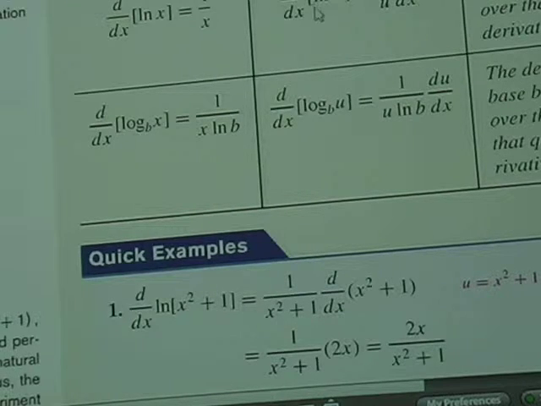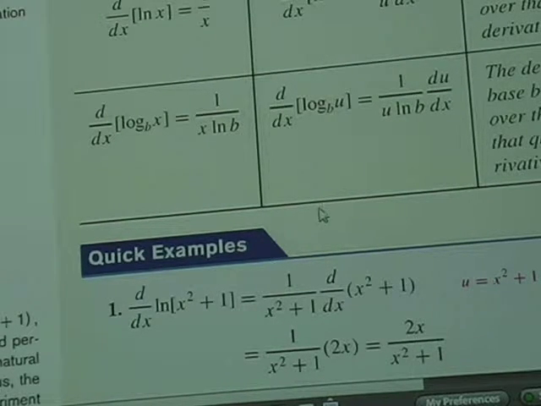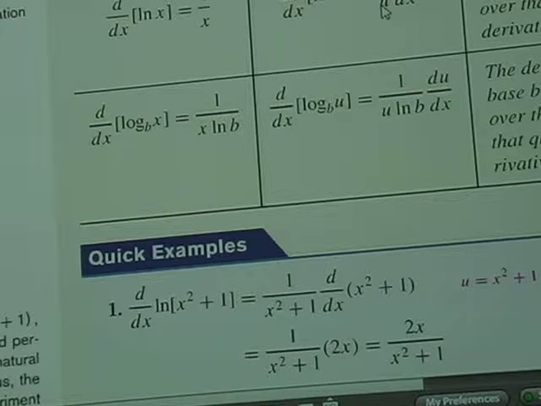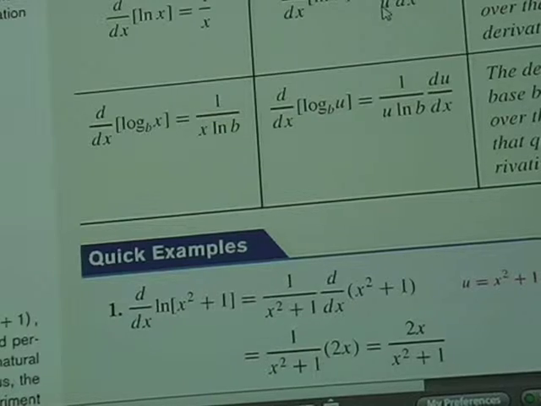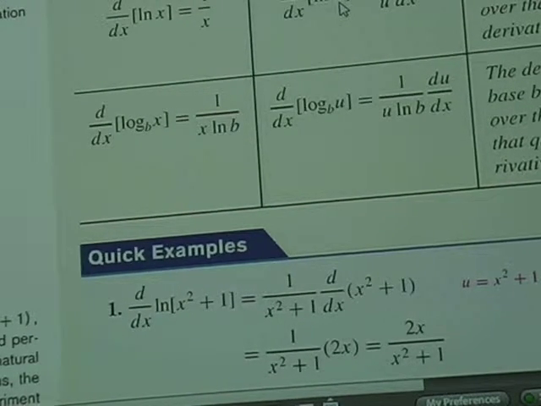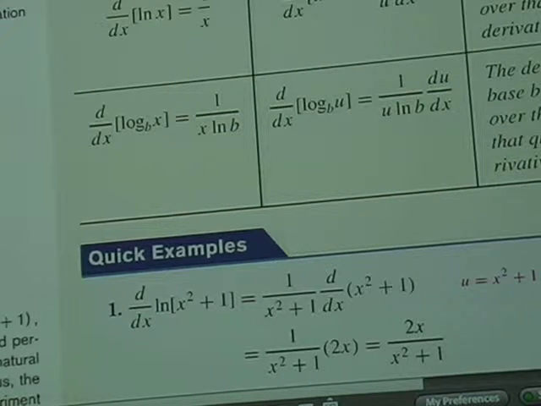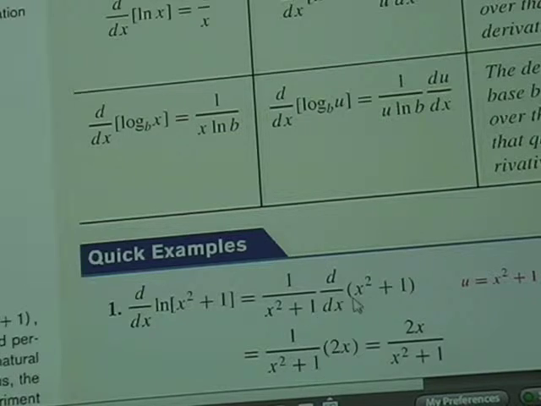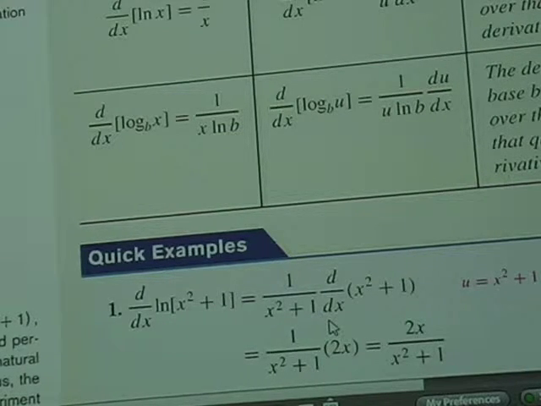So what's the rule for doing this? It's 1 over that function of x, right? So that's what they write, 1 over that function of x times what? The derivative of that function of x, right? Which is written as du dx, right? That's we wrote d of this thing dx, right?